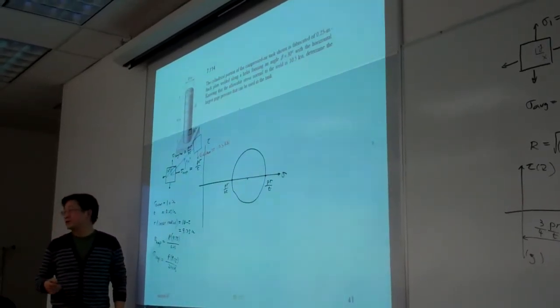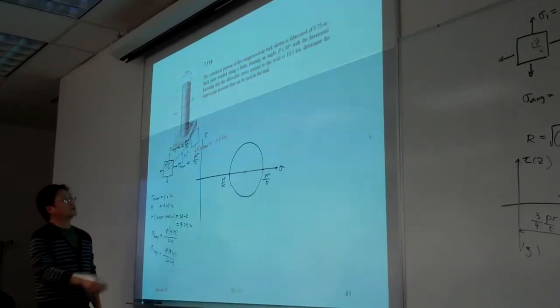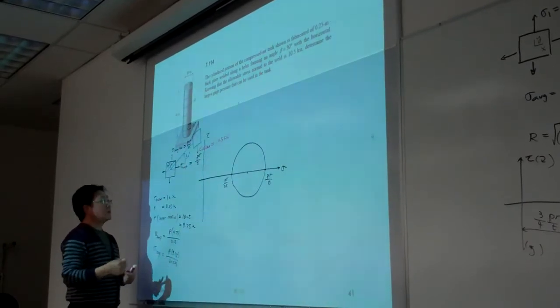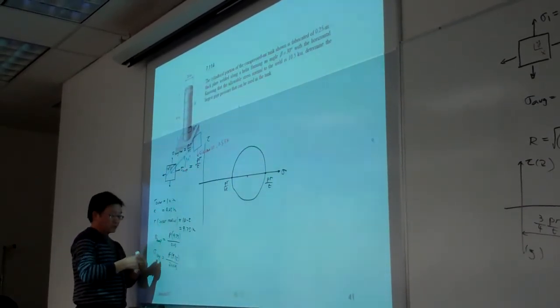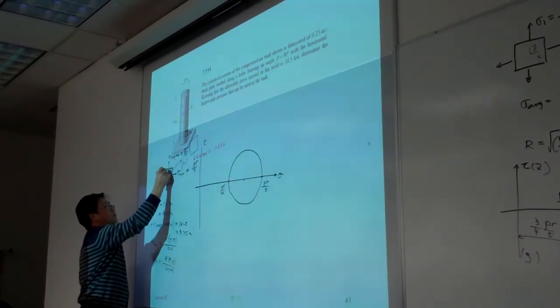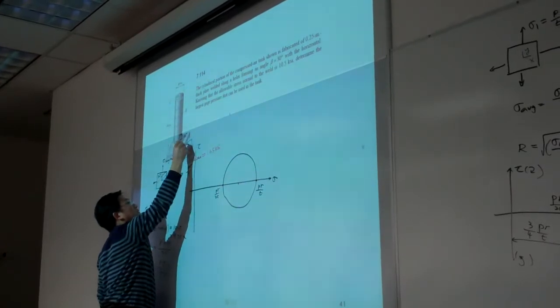Okay? So now we're going to translate that information to the Mohr circle here. So right now we can rotate by 30 degrees. For example, say this is the x-axis, this is the y-axis. Once we rotate, this is x prime, this is y prime.